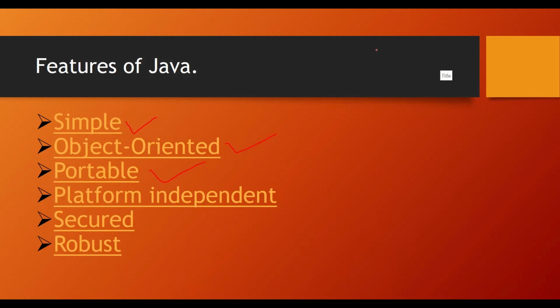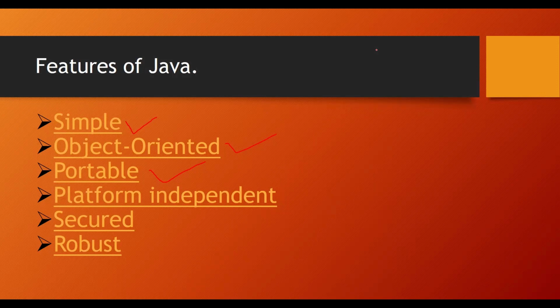If we have compiled our Java code on one platform and want to run the same code on any other system, we can run it very easily without any additional software or platform.